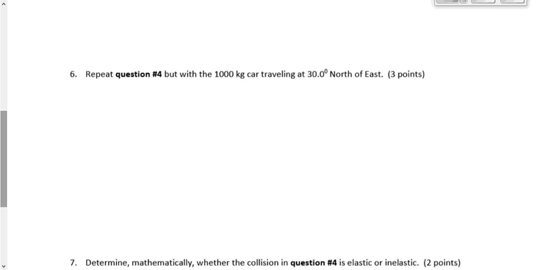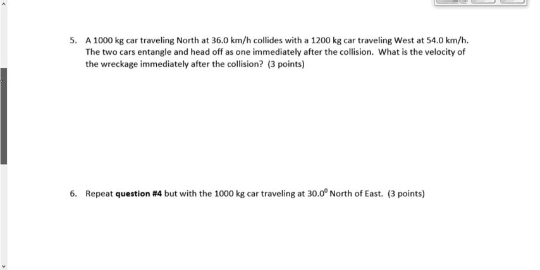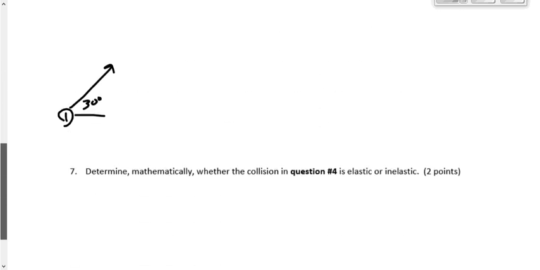So we draw this out. We have the 1,000 kilogram car going north of east at a speed of, what was it, 10 meters per second? Yes, 36 kilometers per hour, 10 meters per second.